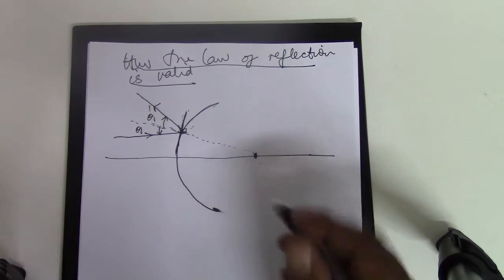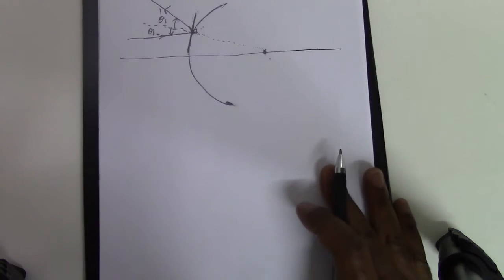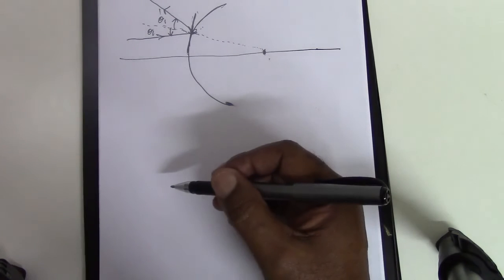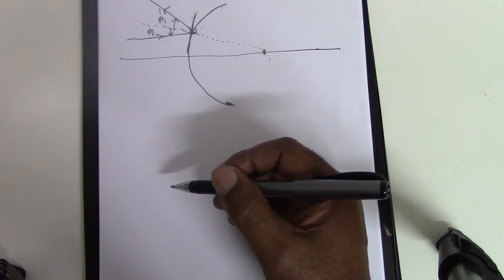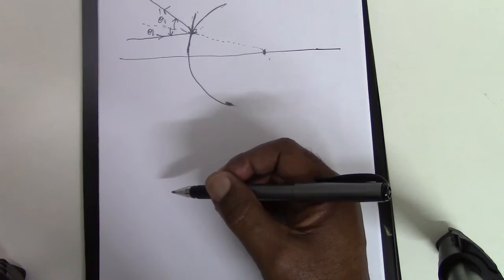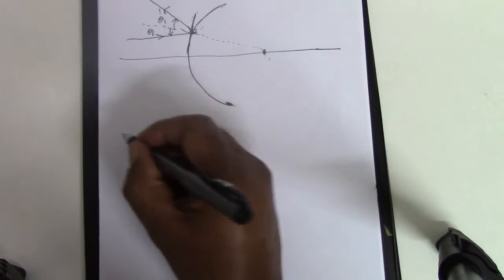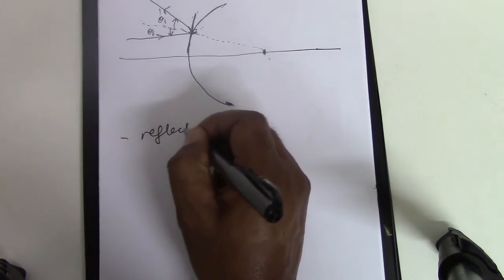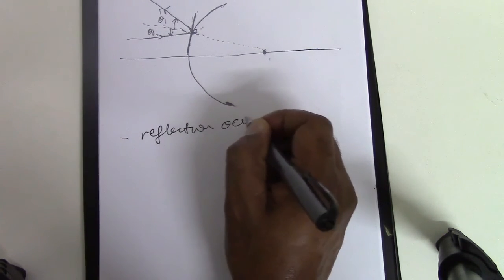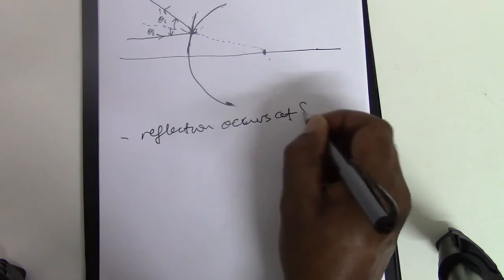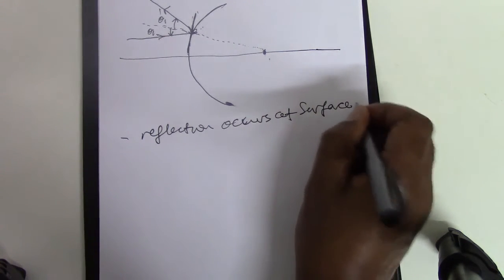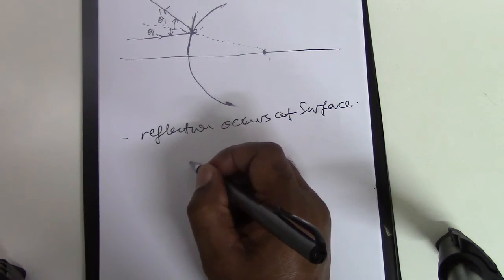Right. So we say then that reflection occurs at the surface.